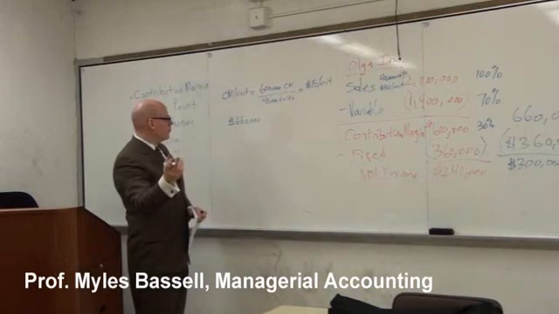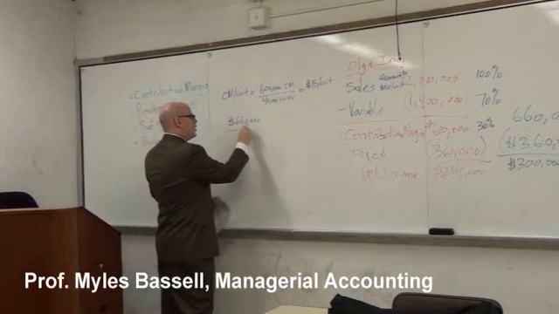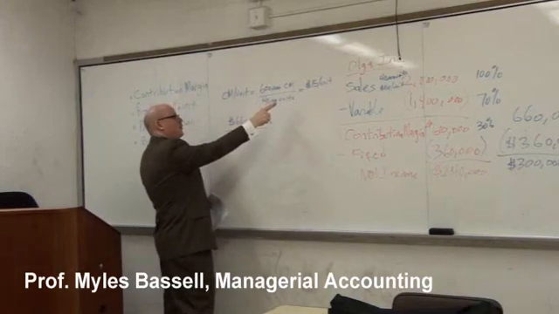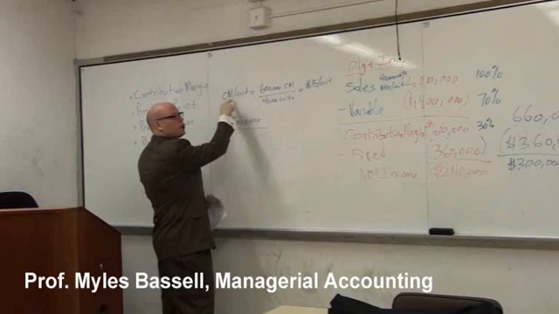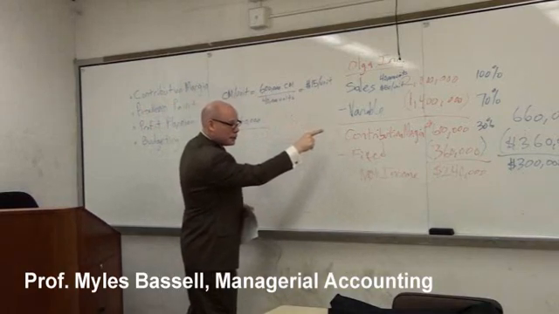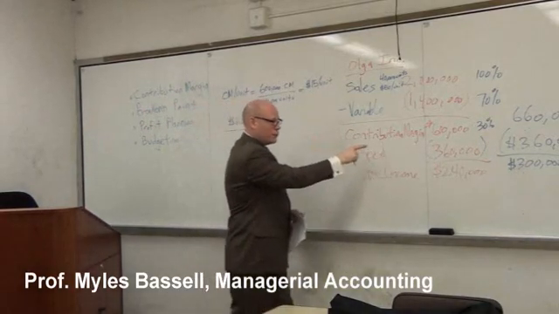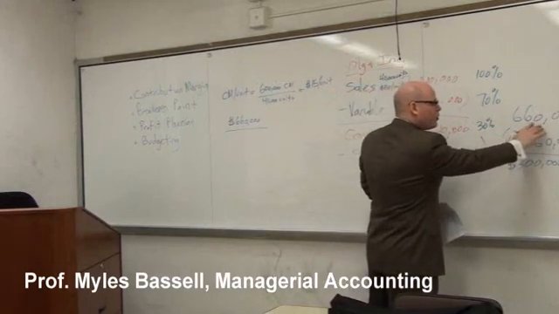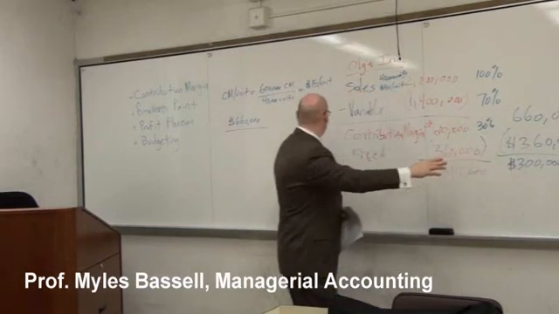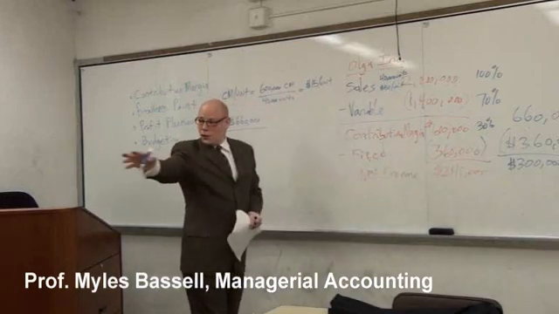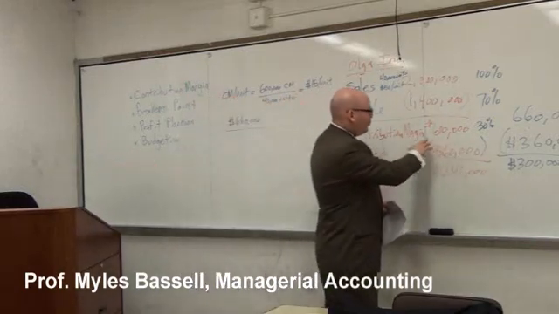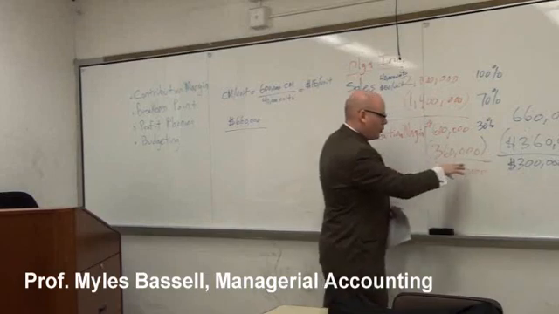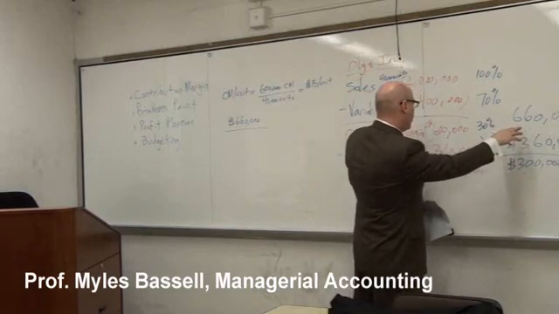Divide the 660,000 by the $15, which is the contribution margin per unit. So we were at 600,000. Now it's going to be 660,000 because why? We're selling more, so that means our variable expenses are going to go up.